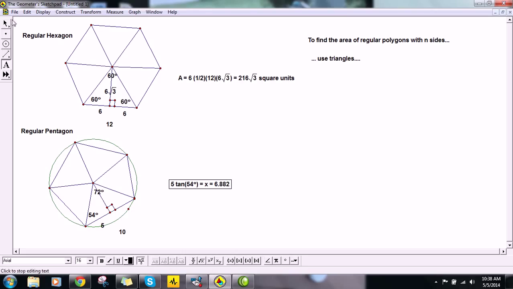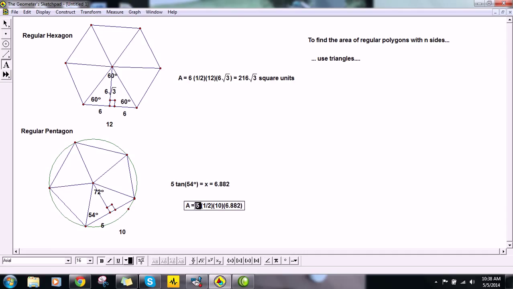Okay, so now I can find the area of this triangle. I've got the base 10, I've got the height 6.882, and to get the area of the pentagon, I multiply that by 5. So the area is 5 of those, 1/2 base, which is 10, times height, which is 6.882.